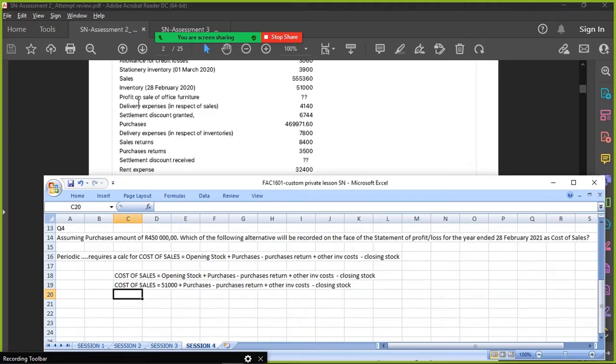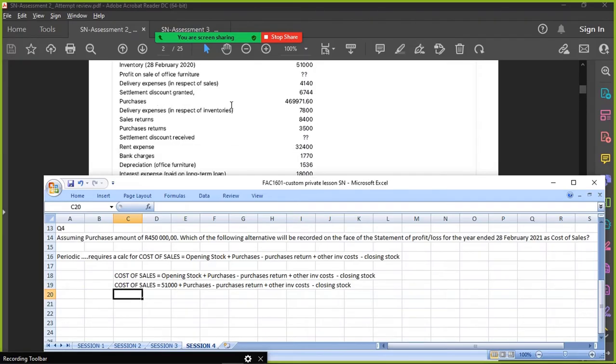Profit on sale of furniture, we don't need that. Delivery expenses in respect of sales. That's not inventory. That's unrelated to inventory. That's normally delivery expenses for sales. That'll be a normal expense. Okay, there's purchases. Just remember, purchases is 450. The question says assuming purchases amount of 450.